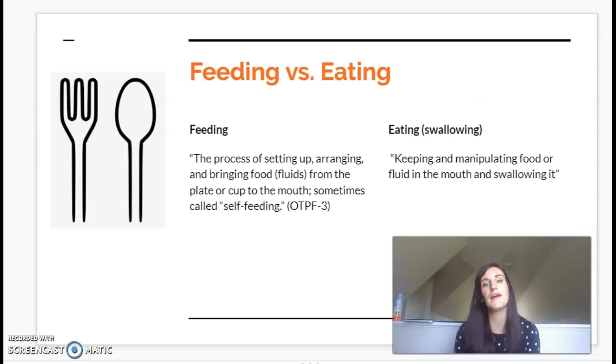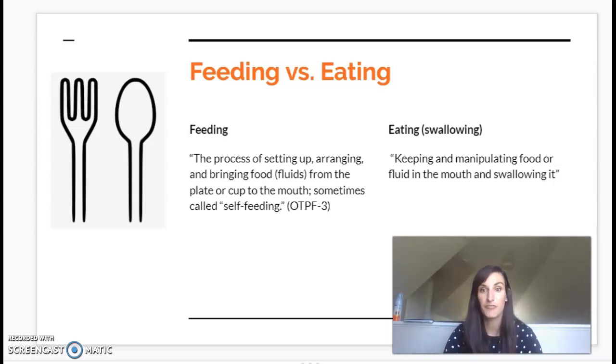Okay, so then let's talk about the difference between feeding and eating. Not synonymous terms, but pretty simple if we break it down. Feeding is the process of setting up, arranging, and bringing food or fluids from the plate or cup to the mouth, sometimes called self-feeding. I would encourage you to trigger the term self-feeding in your mind.